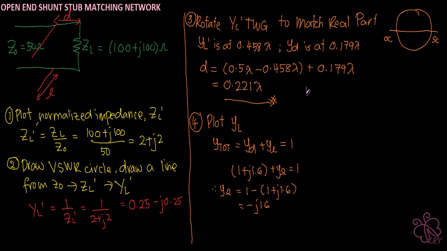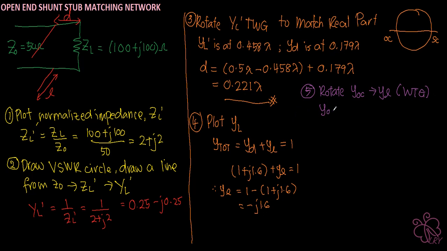Okay, number 5. We're going to rotate open circuit Y to YL using wavelength towards generator.